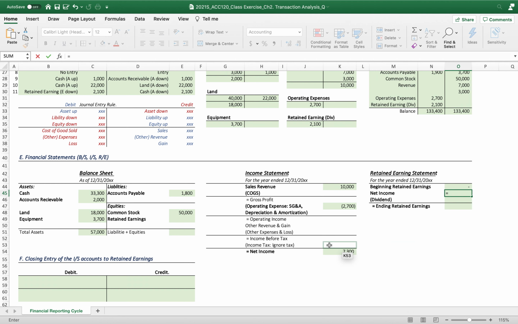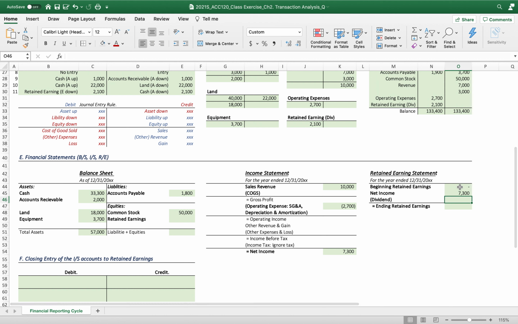If the company has been operating for 30 years or 3 years, they should have a certain amount of retained earnings, which is the accumulation of all the net income. But there's none. So because there's no beginning retained earnings, we started with the net income the company generated for the first year, 7,300, and then dividend.